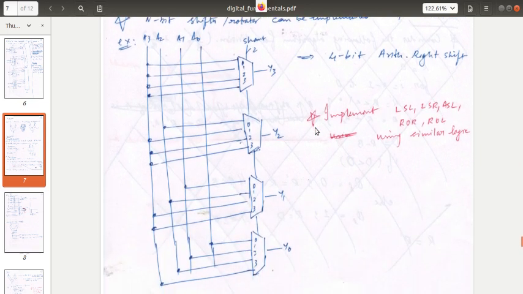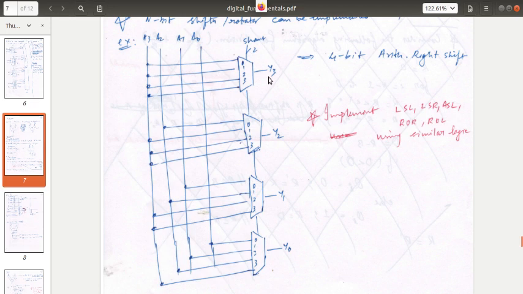Now this is an example of a 4-bit arithmetic shift right. It is implemented using multiplexers. For 4-bit numbers as input, there will be 4:1 multiplexers. So this is the shift amount input, given here.